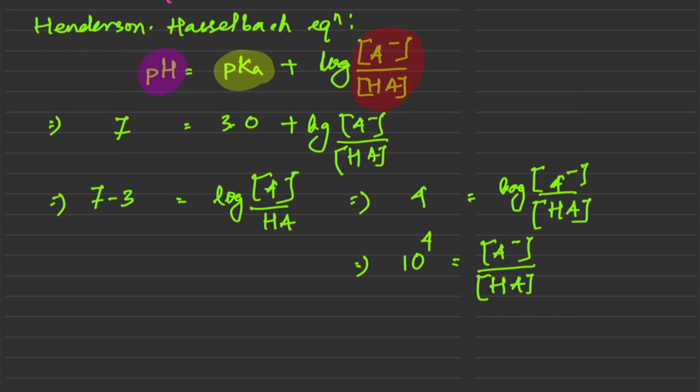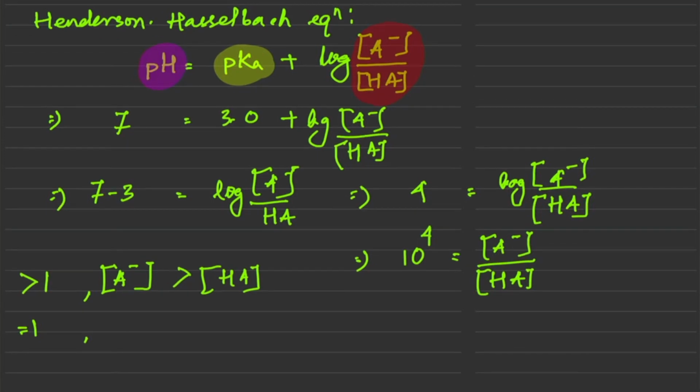So if it is greater than 1, then the A minus concentration is going to be more than HA. If it is equal to 1, that is the equilibrium constant basically, then A minus concentration is going to be equal to HA.